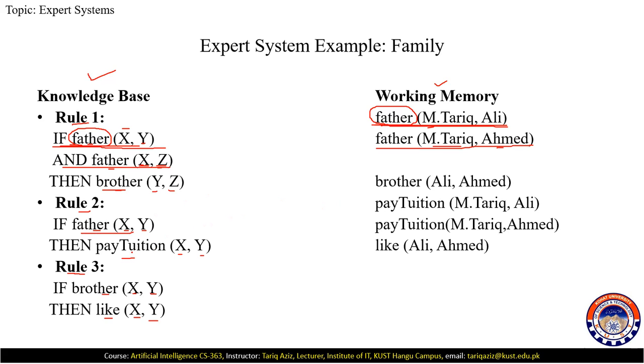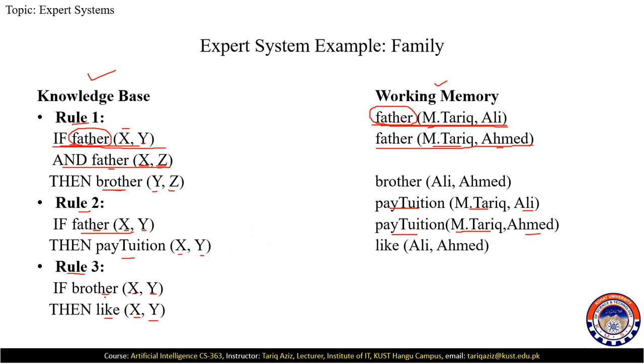The second part of the rule is that if X is the father of Y, and we found that Mr. Tariq is the father of Ali, match is found, then this X will pay tuition fee for Y. So Mr. Tariq will pay tuition fees for Ali. Now Prolog will add this fact to the working memory. And also the second fact says that Mr. Tariq is also the father of Ahmad. So definitely Mr. Tariq will pay tuition fee for Ahmad too. So Prolog will add this fact to the working memory.